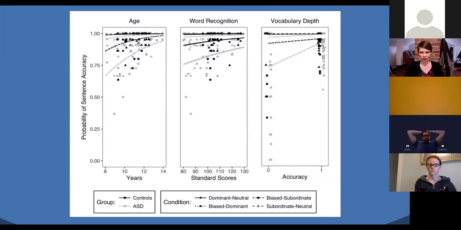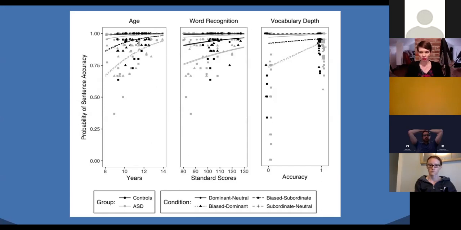There's actually a lot of reading development that occurs between the ages of 8 and 14 years. So we wanted to see if age had an effect and just look at development, and it did. We also looked at word recognition, so their basic abilities to read these sentences, and again, as their word reading abilities improved, so did their comprehension of these sentences.